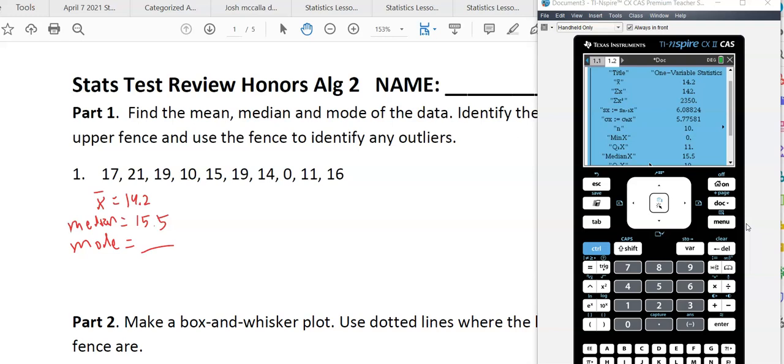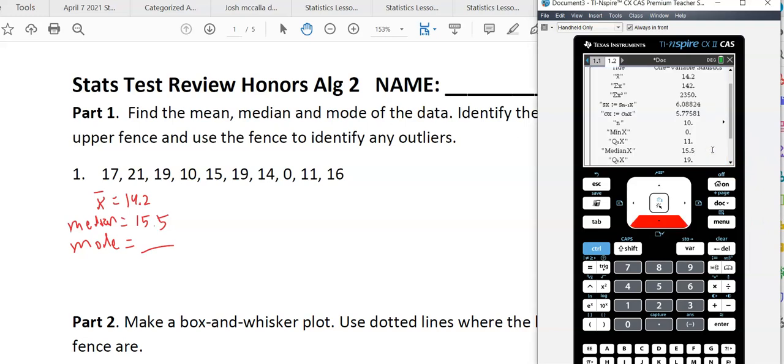The upper and lower fence. Okay, so we've got to use Q3 and Q1 here. So let's see, Q3 minus Q1, the IQR is 19 minus 11, which is 8.